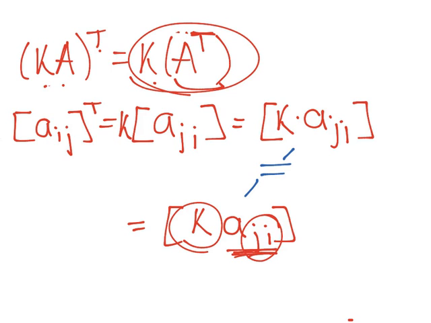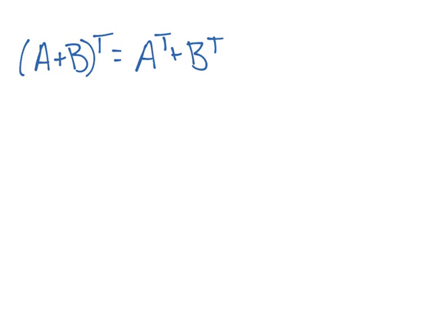Very well. Our next and last property is very interesting. If you were to add two matrices together and then get the transpose of them, it's going to be the same thing as getting the transpose of each one of the matrices and then adding them. Why does this happen?